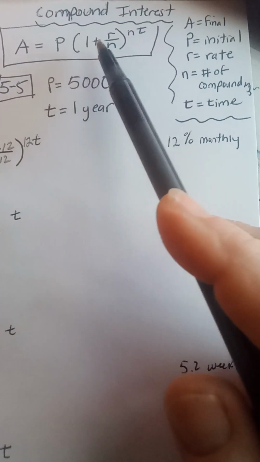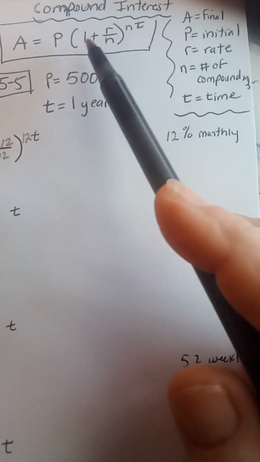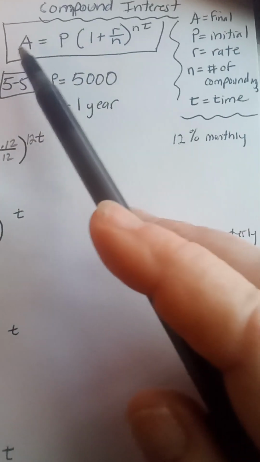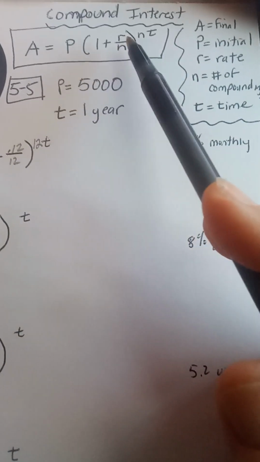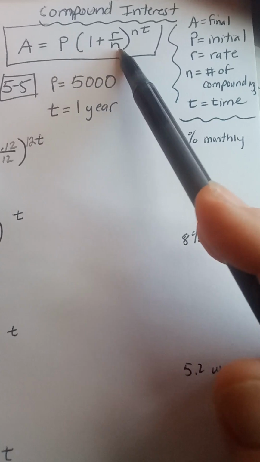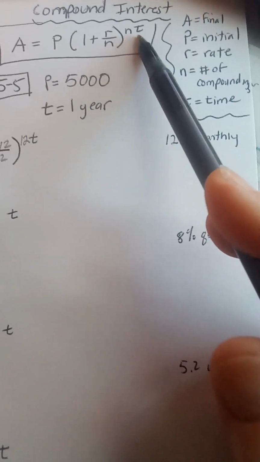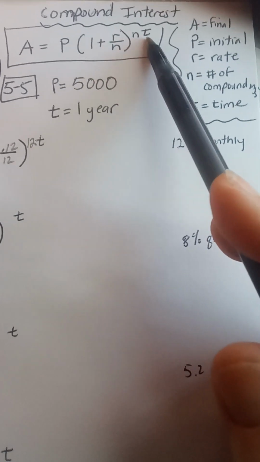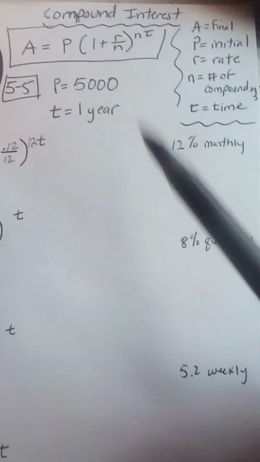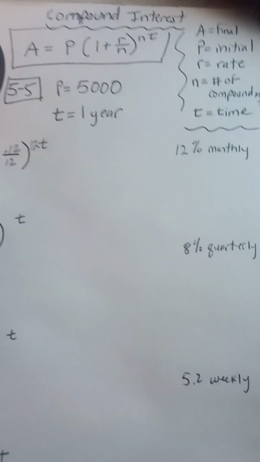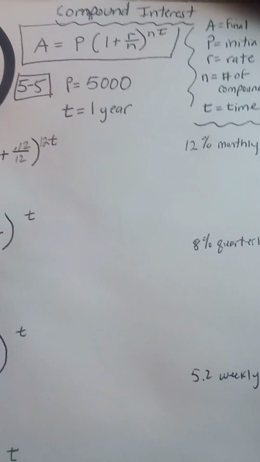And then you have to go 1 plus, because we're trying to add the interest to what's already there. So 1 plus the rate over the number of times you're compounding it. And then you also have to raise that to the n times t power, where n stands for the number of times you're compounding, and t stands for how much time.